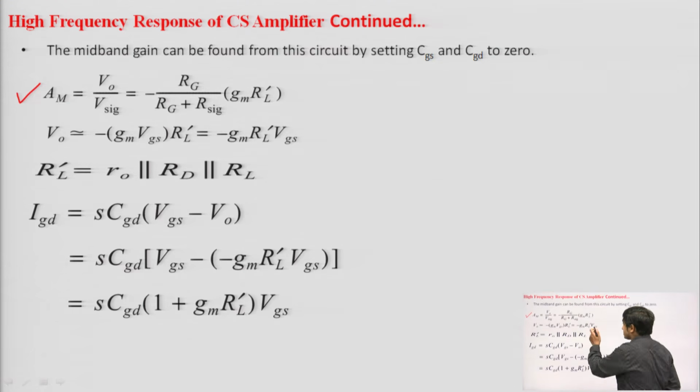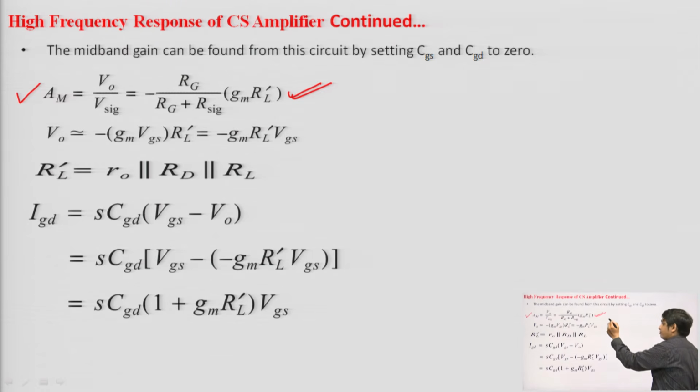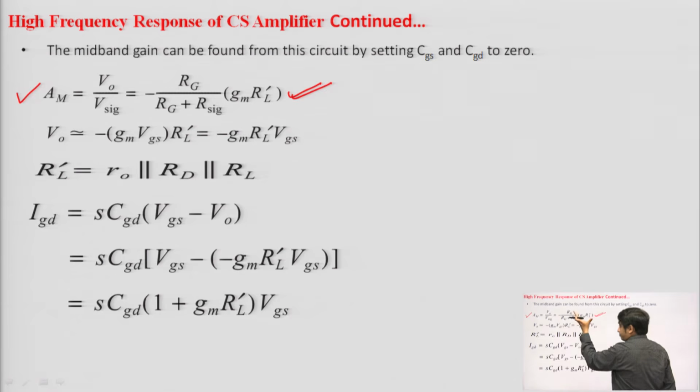We got this expression, but the point is that we get this expression when we do not consider Cc1, Cc2 and Cs, the coupling capacitors and bypass capacitors. When we do not consider these capacitors, then we get this midband gain. We have seen that in midband the gain is constant, the gain is highest, fine, because in midband there is no capacitive effect.